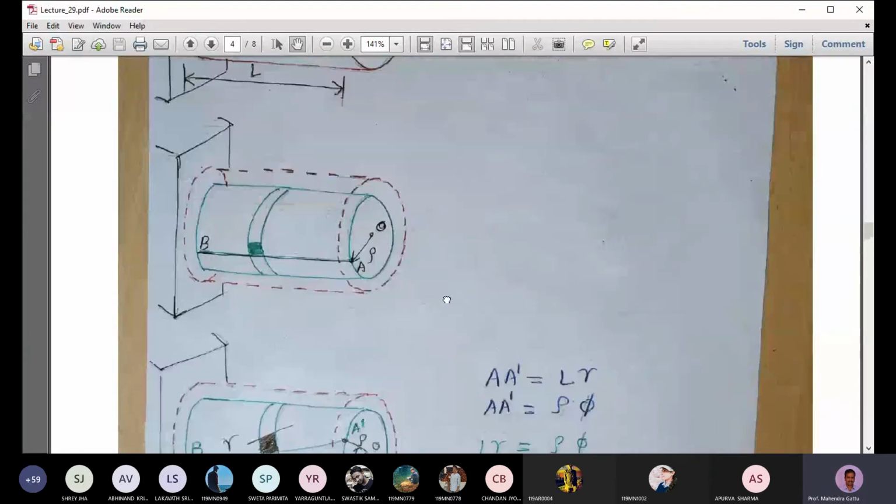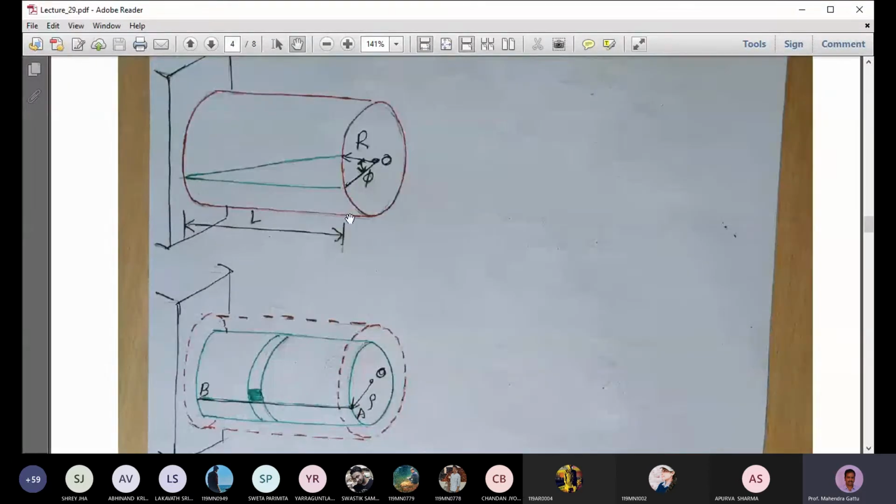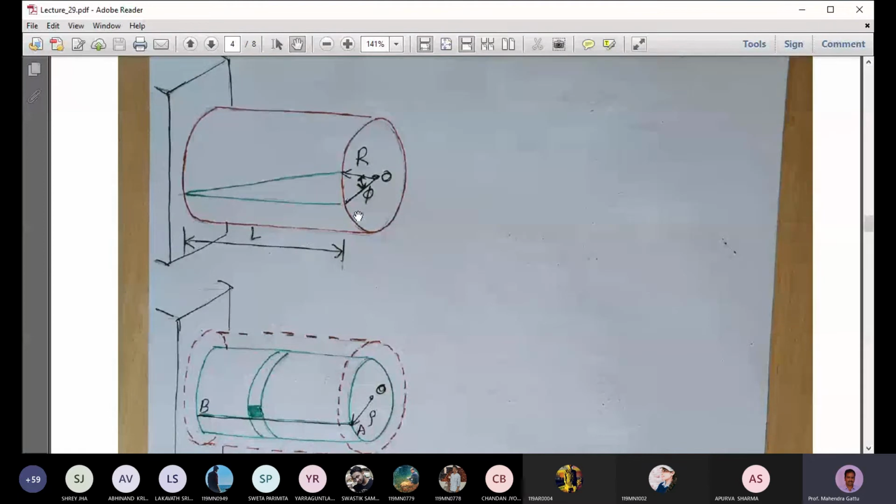So this is how the shear strains are developed in the circular shaft. There is a linear variation, depending on the distance of the point from the center or from the axis of the shaft.